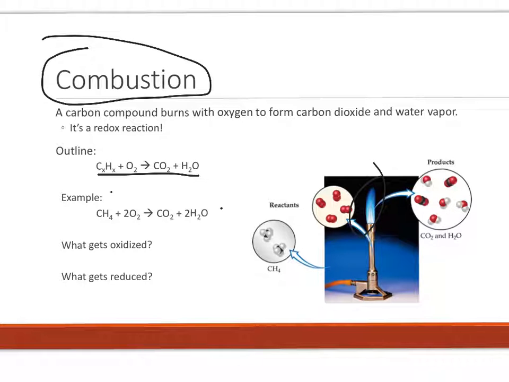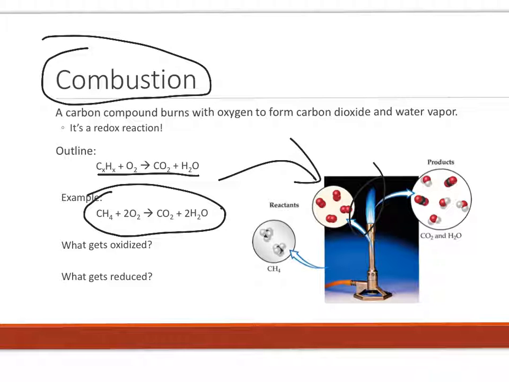An example down here is the burning of methane, which you can see over here on the right side with the Bunsen burner. I want you to do this because this can be a little bit of a challenge. What gets oxidized and what gets reduced? The results may surprise you if you're able to calculate the oxidation numbers. And we'll be debriefing this on Wednesday, real quick at the beginning of class.